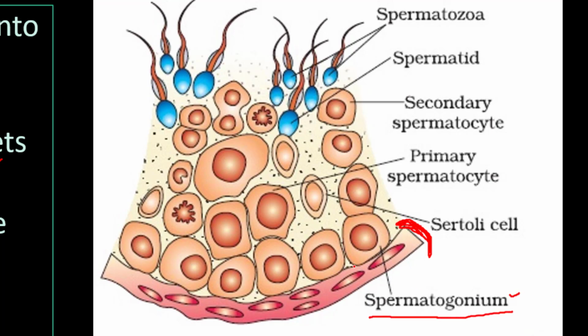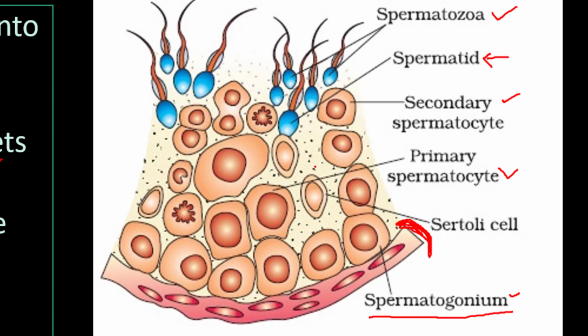The spermatogonium undergoes mitotic division to form the primary spermatocytes, which undergo meiosis I, giving rise to secondary spermatocytes, and that undergoes meiosis II to give rise to the spermatids, and finally by the process of spermiogenesis it gives rise to the spermatozoa.